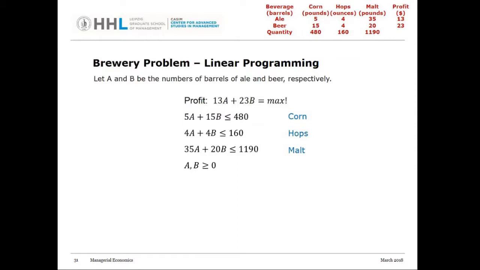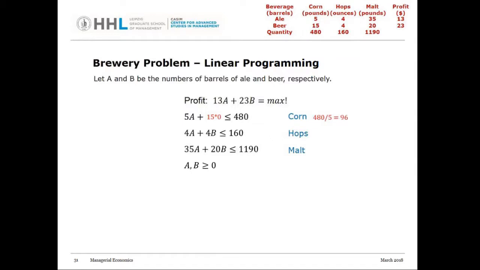Now, let me test your understanding, or if you are not familiar with mathematics, what could be helpful over here is the following. Let's look at the problem from the perspective that only ale is produced. What does it mean? That beer, so B, is 0. If B is 0, then how many barrels of ale can we produce?